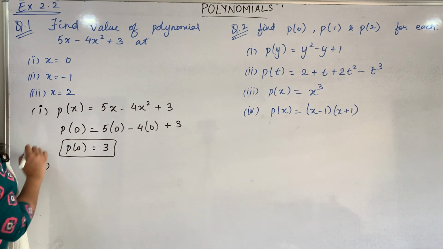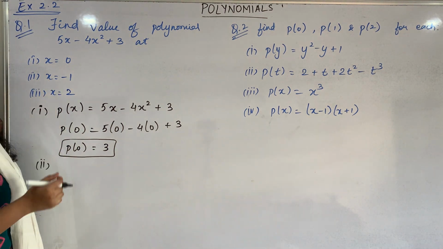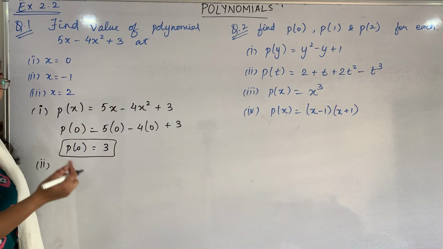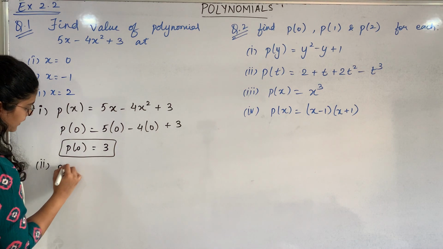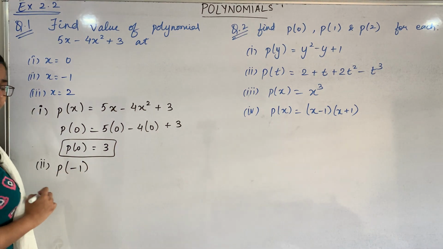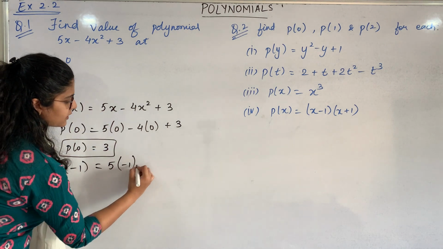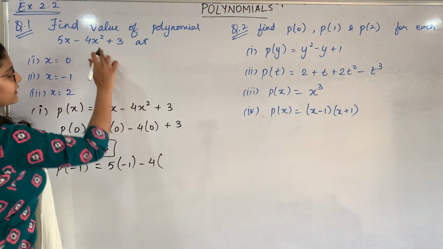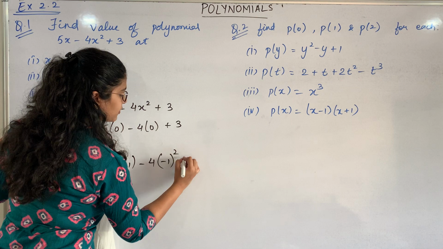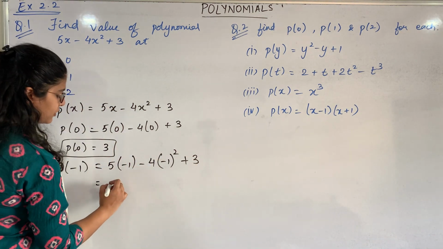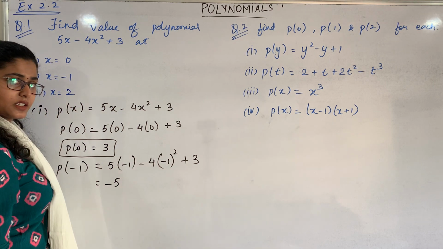Next question. You have to find the value at x equals to minus 1. Now at the place of x you have to keep minus 1. So ultimately you are finding P of minus 1. So let's keep the value. 5, x के place पे क्या रखना है, minus 1, minus 4, x के place पे क्या रखना है, minus 1 whole square plus 3. Is this clear? So you have 5 into minus 1, that is minus 5.